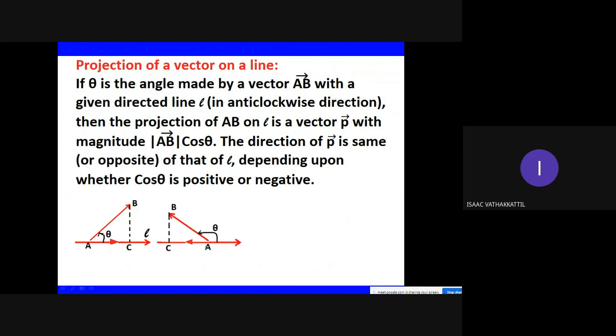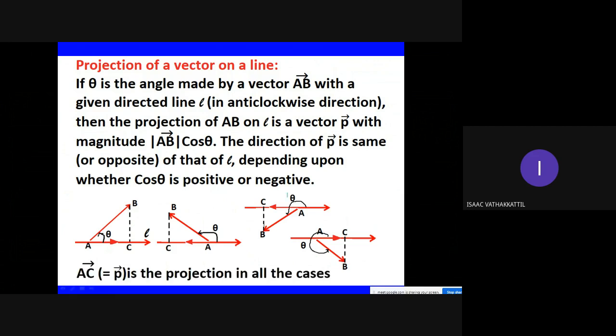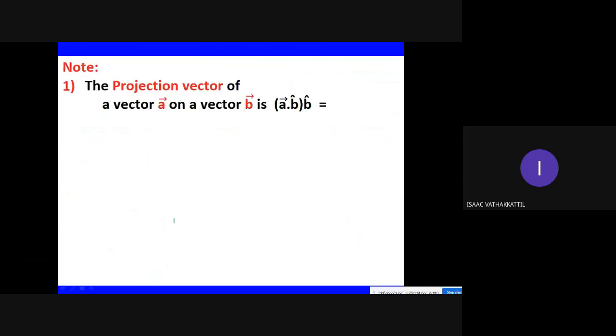If this is the case, the angle is obtuse, the projection is AC in the opposite direction. Here again, the projection is AC in the opposite direction, whereas here the projection is vector AC in the same direction. Okay. Now, AC is the vector P, the projection in all the cases. But if you take the length, that is actually the scalar projection.